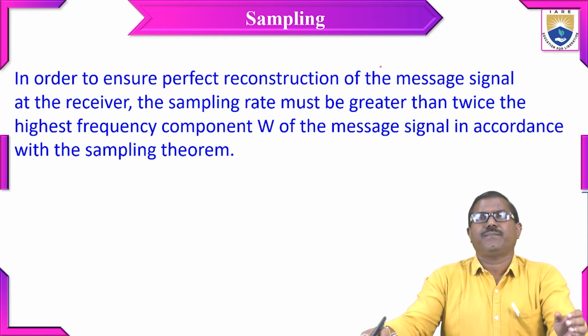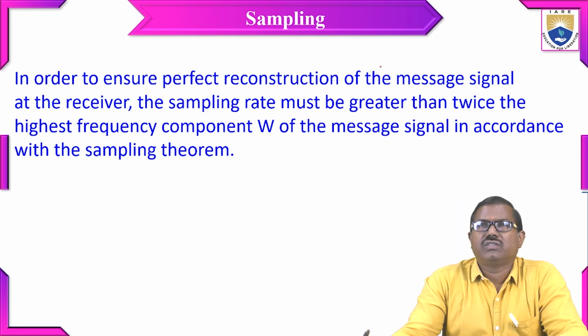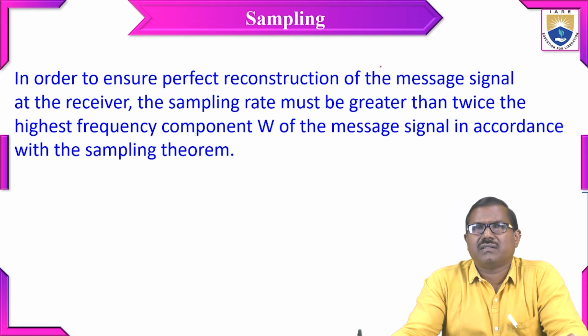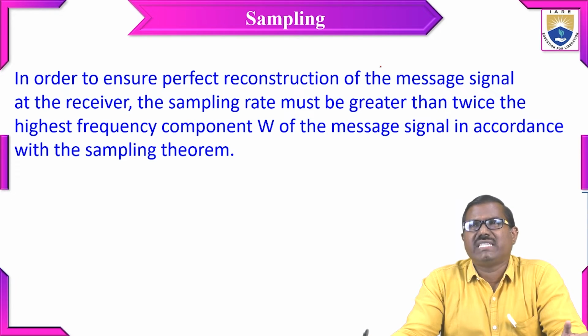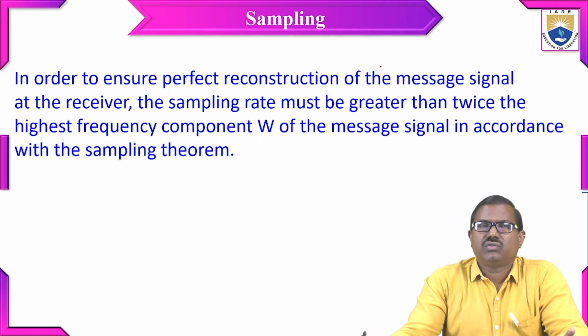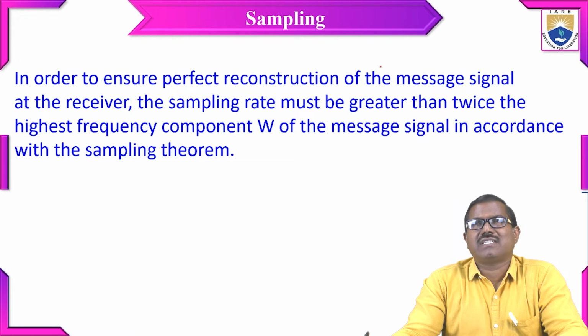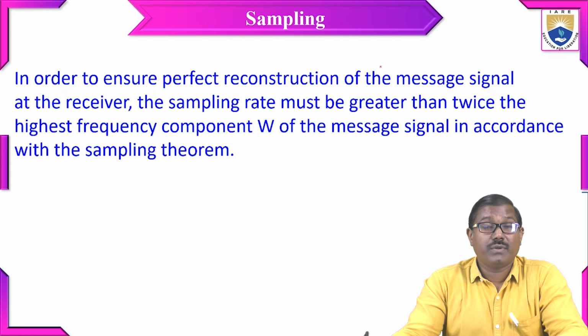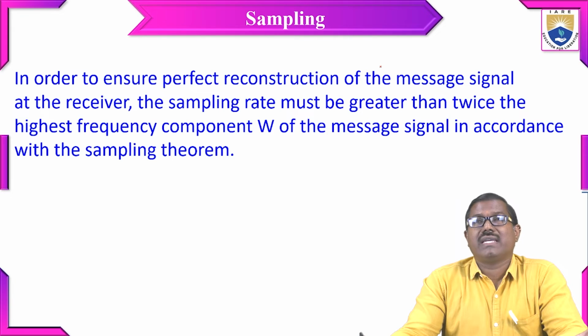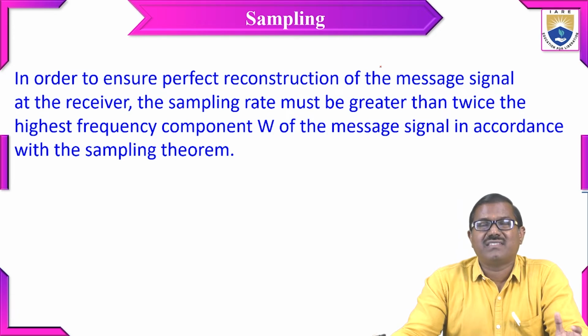Now, sampling. The sampling is done according to the sampling theorem, in order to ensure perfect reconstruction of the message signal at the receiver. Why? Because our duty is getting the message signal at the receiver, so we must do the sampling.